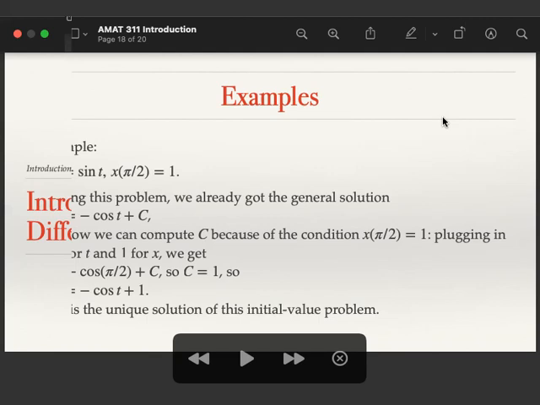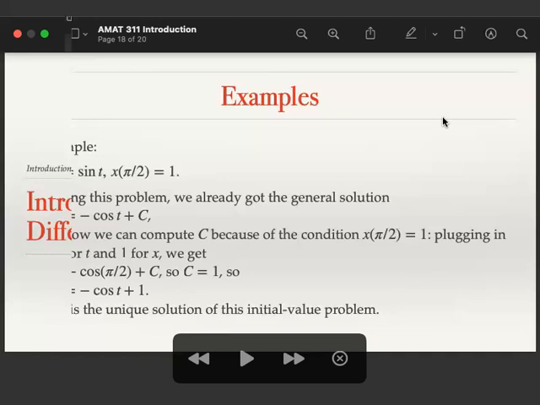The derivative of the function x is y, which we found to be t squared over 2 plus a constant, c1. So then we do the same thing again. The function x is the antiderivative of t squared over 2 plus the constant. So it's equal to t cubed over 6 plus, the antiderivative of the constant c1 is c1 times t, and then plus another constant.